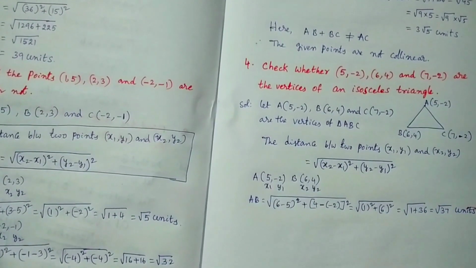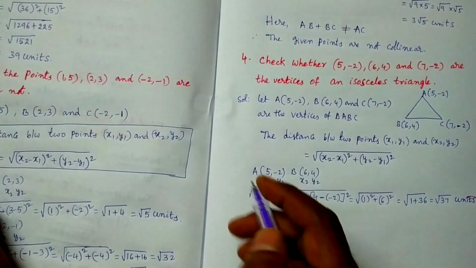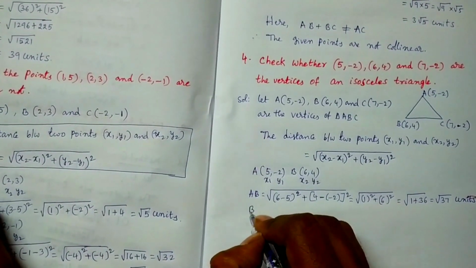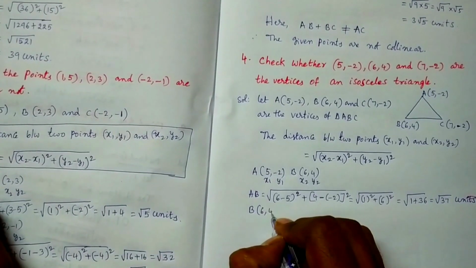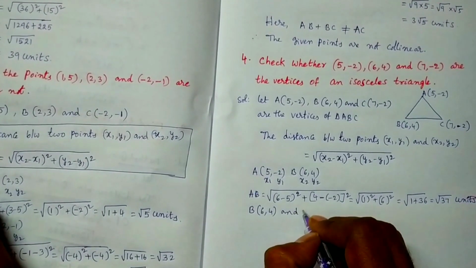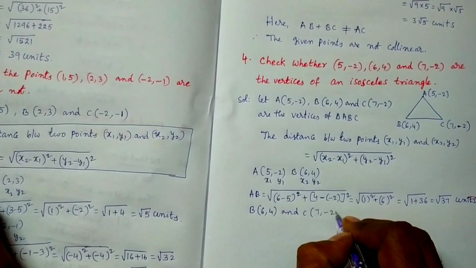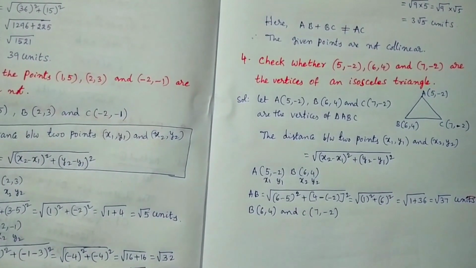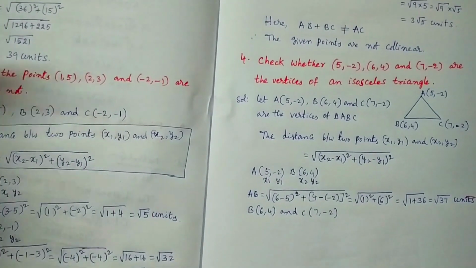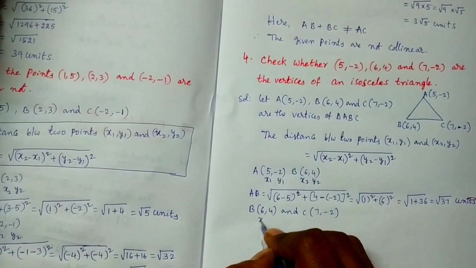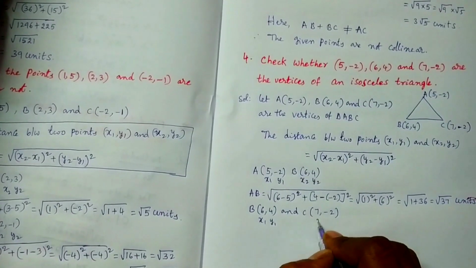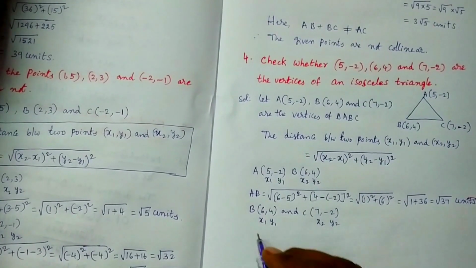Next, take BC points, B 6 comma 4 and C 7 comma minus 2. Take as x1, y1, x2, y2.